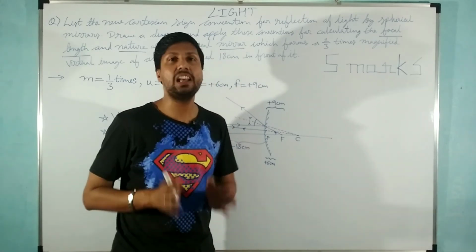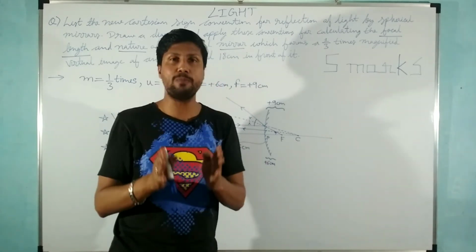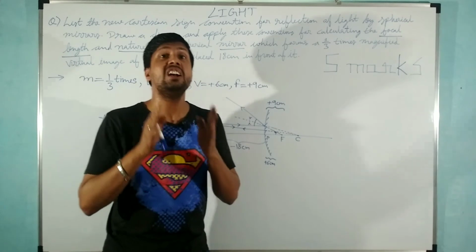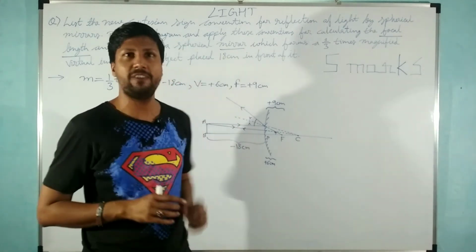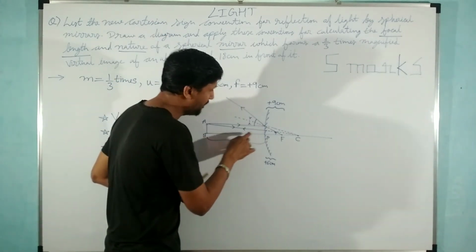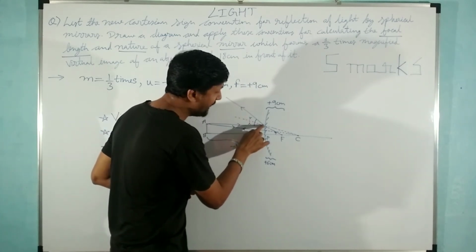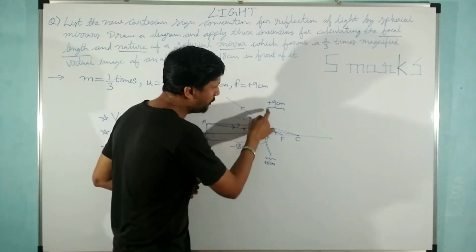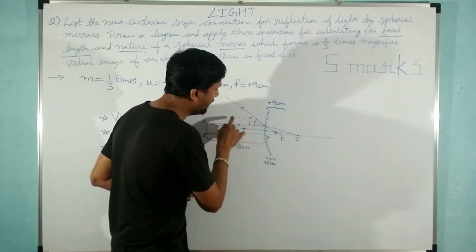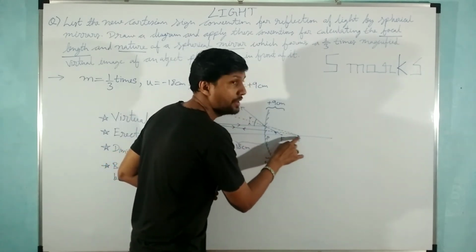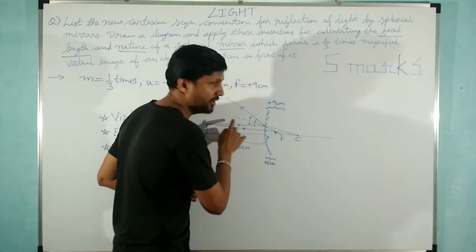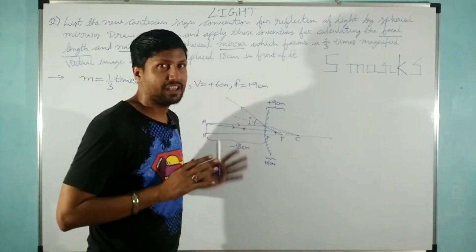The third ray is exactly the normal, that is perpendicular, drawn at the point of reflection, that is at this point. This dotted line is exactly made perpendicular to the surface of the mirror, and it will pass through the center of curvature of the mirror. That's it, guys.